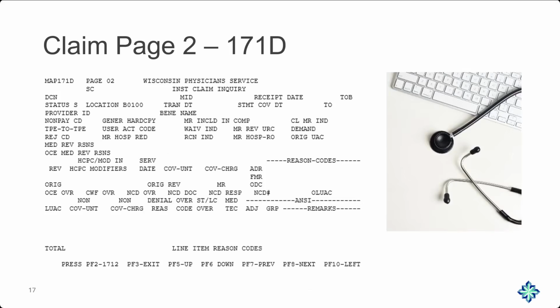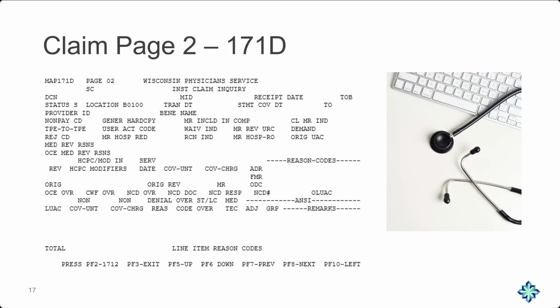(171D). You're going to press F2, your jump key, while you're on claim page 2 to go to this screen. If, when you're checking your claims later, you receive any initial line reason codes, you can view them here. Down here towards the bottom, I should have highlighted it for you, you would see line item reason codes.